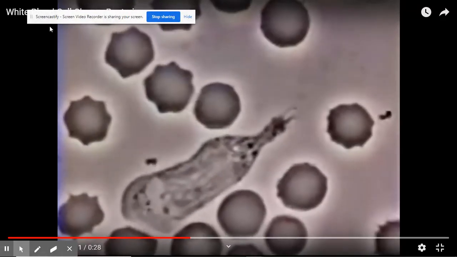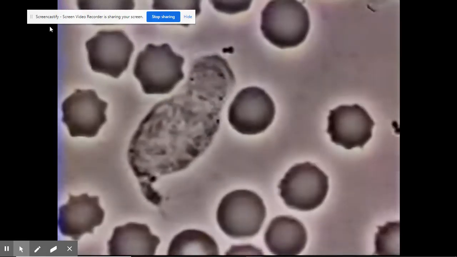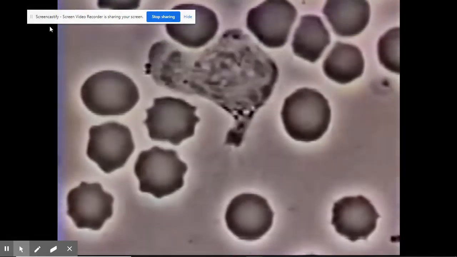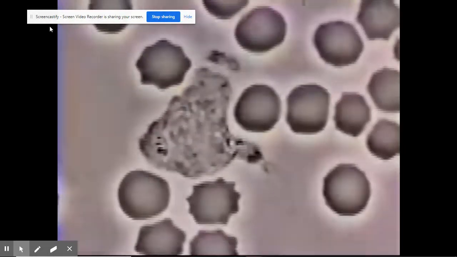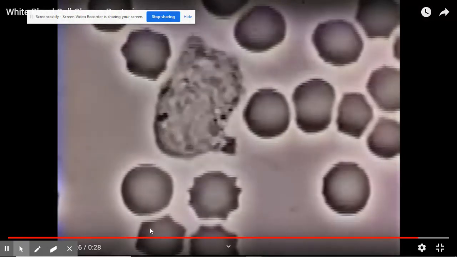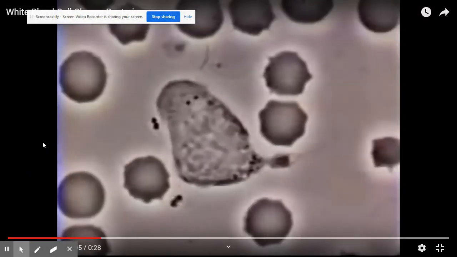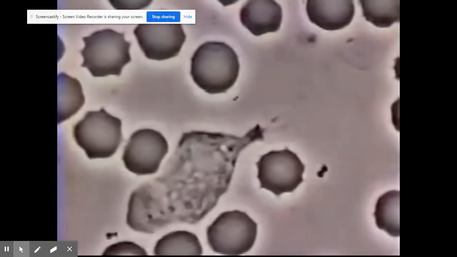And you can kind of see this cell is really moving fast. So this type of white blood cell, it's actually called a neutrophil, can move 10 times as fast as other cells. Oh, I got it. Good job. But when I first watched this, I was like, oh my gosh, when is it going to actually eat this thing?